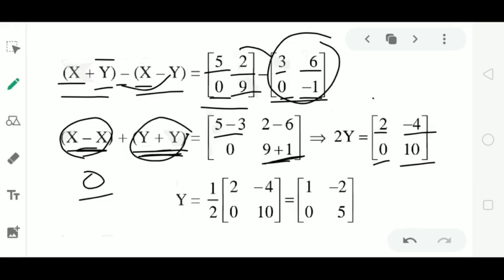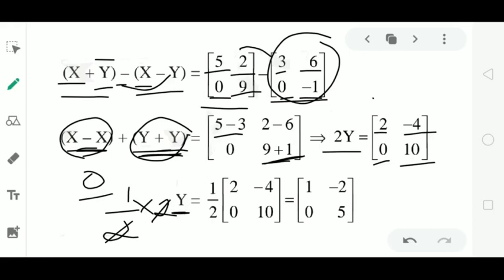So here 0 plus y is matrix y plus y itself. y plus y is nothing but 2y. Now to find the matrix y, we multiply 1 by 2 on both sides. Here 2 gets cancelled. In LHS, we are left with y.